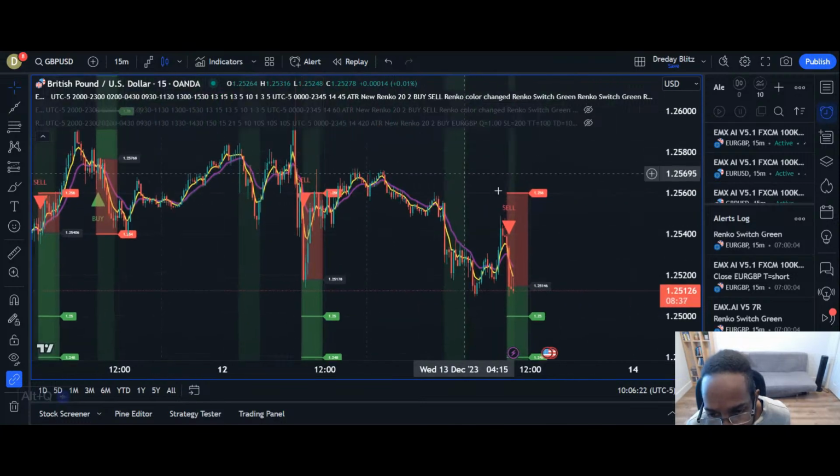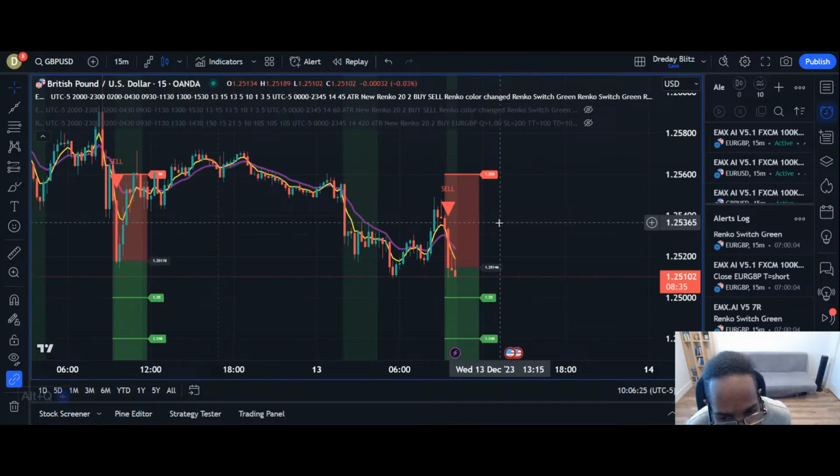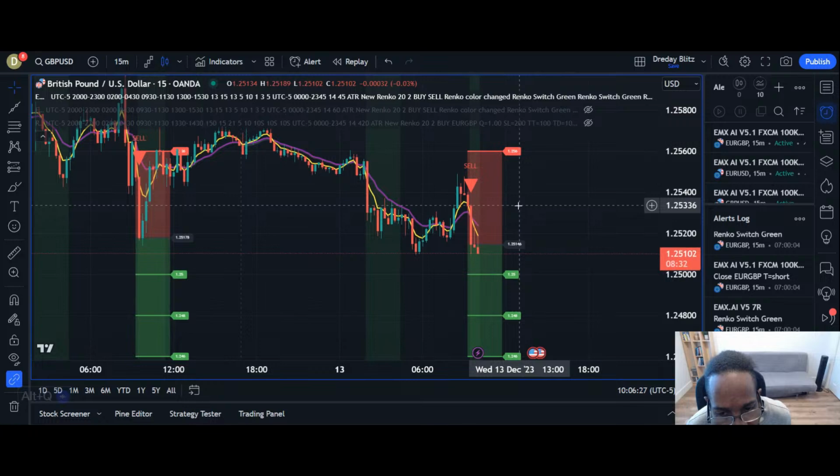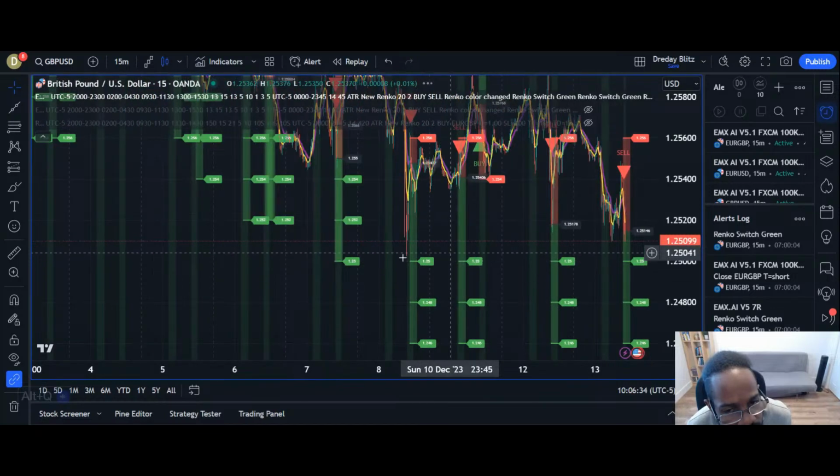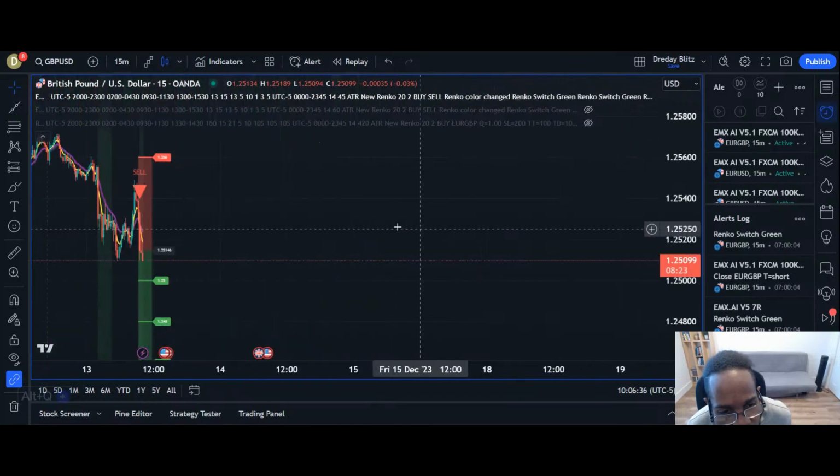And GU is selling right now. It is selling.